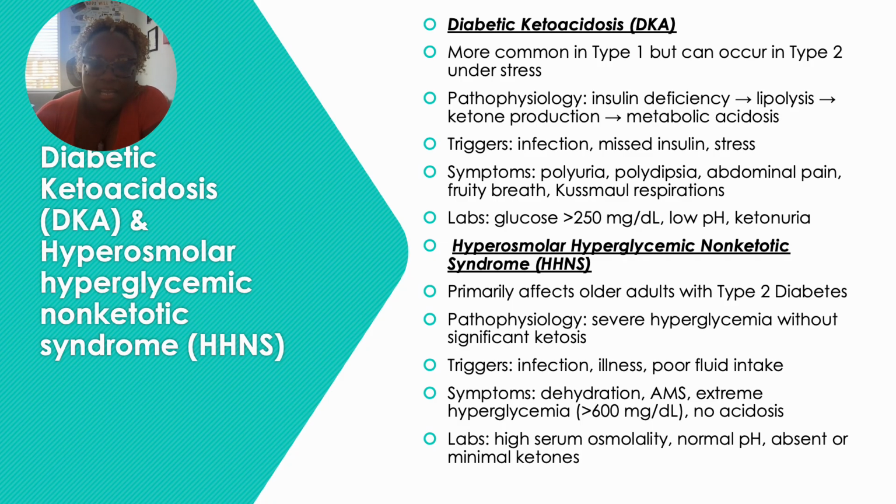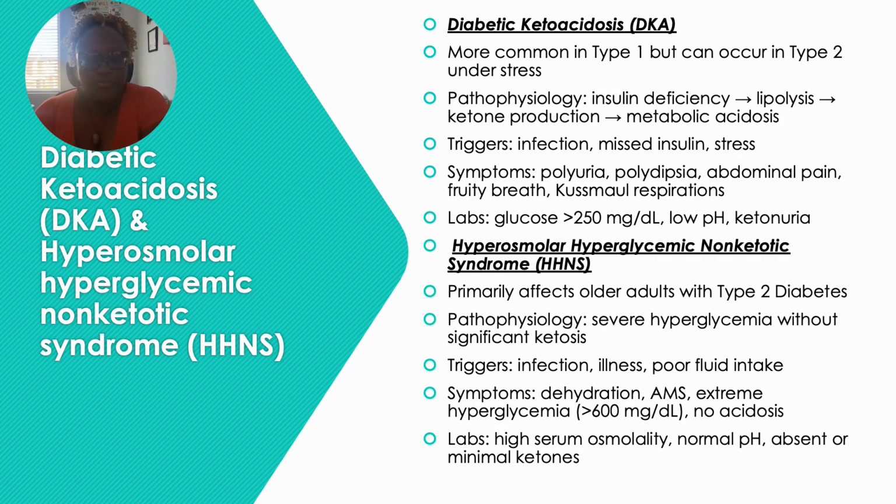The pathophysiology of HHNS is severe hyperglycemia without significant ketones. So that's your differentiation between DKA and HHNS: one has ketones, the other one does not. Some of the triggers: infection, illness, poor fluid intake.